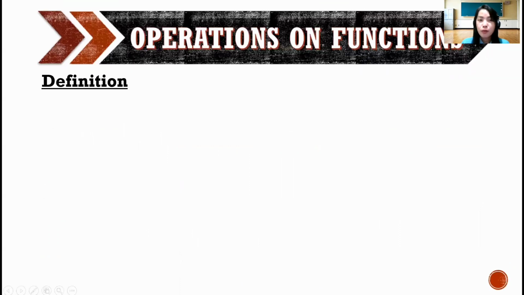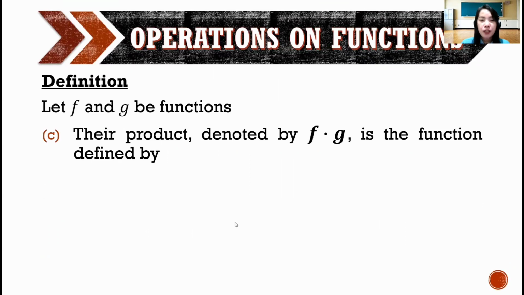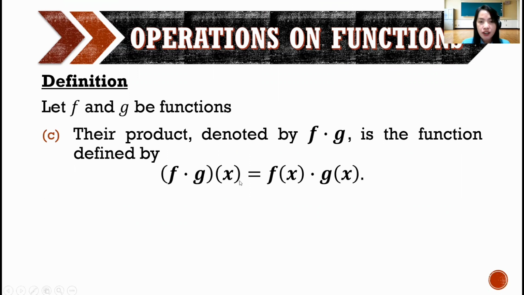And for multiplication, their product denoted by f times g is the function defined by f times g of x that is equal to f of x times g of x.